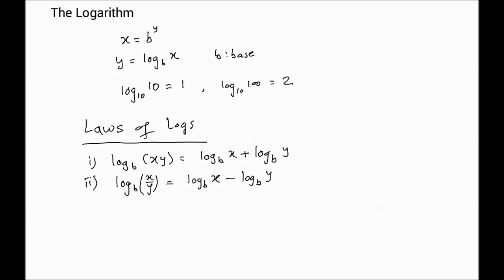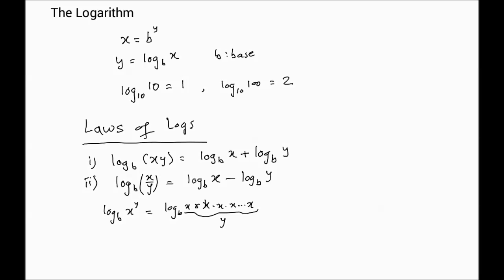For instance, the third: if we had log to the base b of x to the power y, what is that? That is the log to the base b of x multiplied by x multiplied by x multiplied by x. How many times are we multiplying here? Y times.